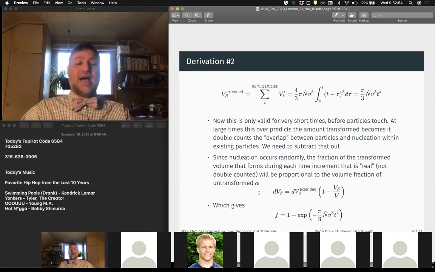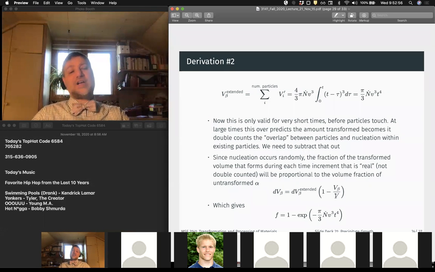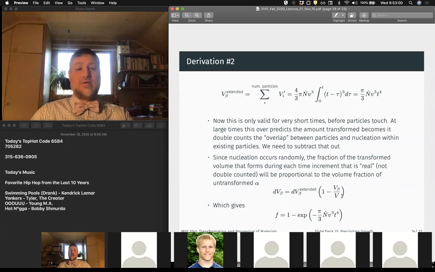So we can calculate a correction factor for this, and then we plug it in, and we have an equation that looks like this.